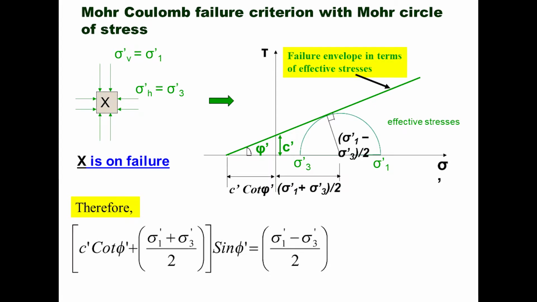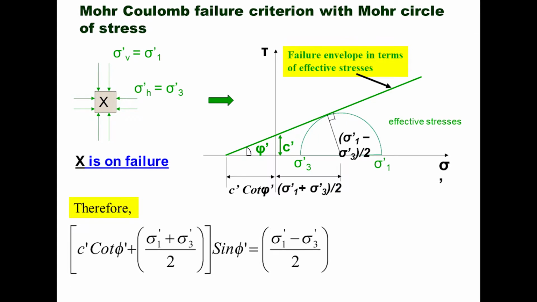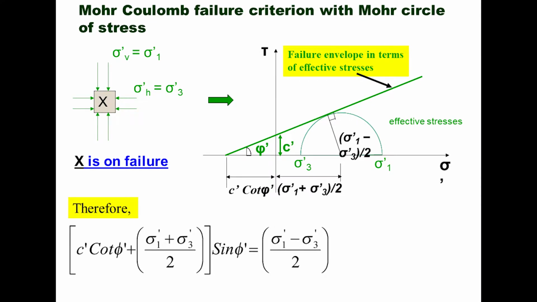Then geometrically, sine phi dash is equal to sigma 1 dash minus sigma 3 dash by 2 divided by the distance to the center.